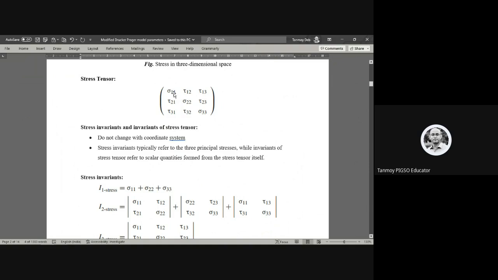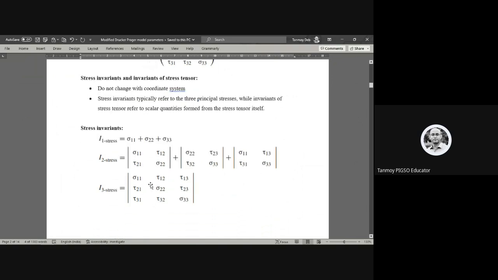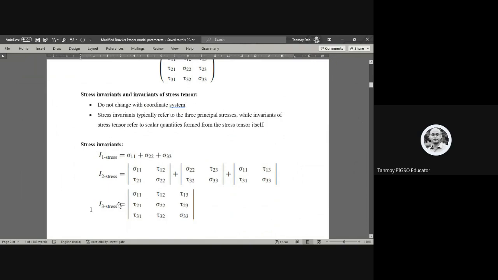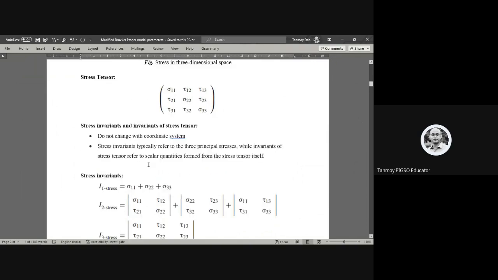This is nothing but the summation of the diagonal terms. And I2 is nothing but the minor of sigma 1 plus minor of sigma 2 plus minor of sigma 3. You add these things, you will get I2, and the determinant of the matrix is I3. So these are the stress invariants.